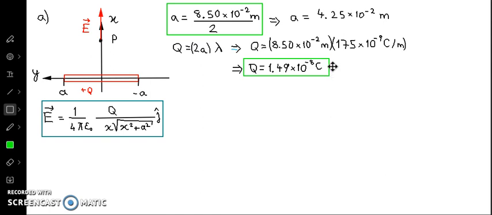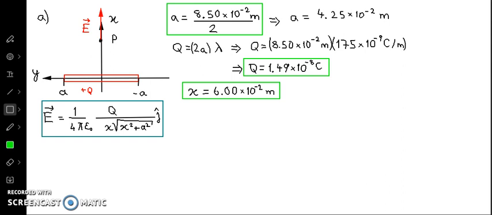What is x? X is the distance between the middle point of the wire and point P. That is also given. X is equal to 6 centimeters, in other words, 6 times 10 to the power negative 2 meters. So we have all the values that we need.